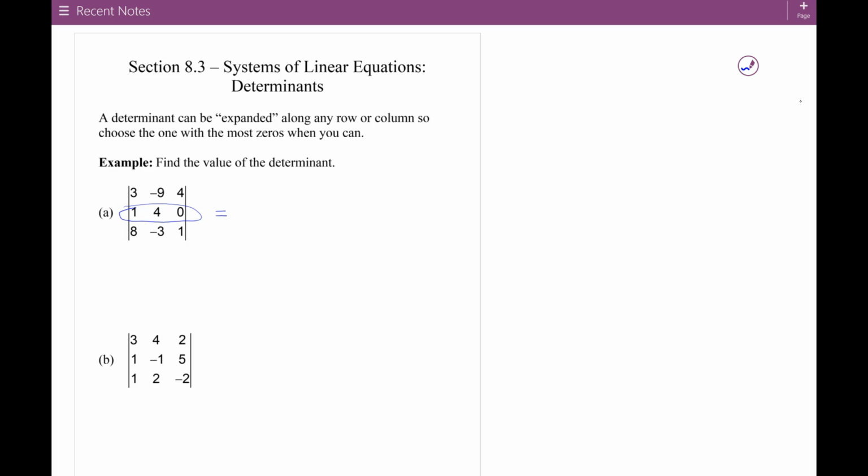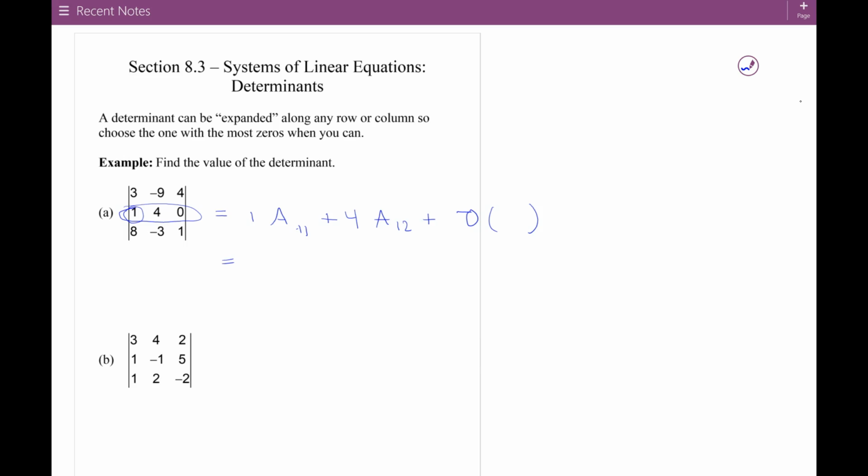So my result is going to be, I take the 1, that's the first number in that row, and then I'm going to find the cofactor 1, 1, and then I'm going to have plus 4 times the cofactor 1, 2, plus 0 times, we don't really care what, because it's going to be 0.